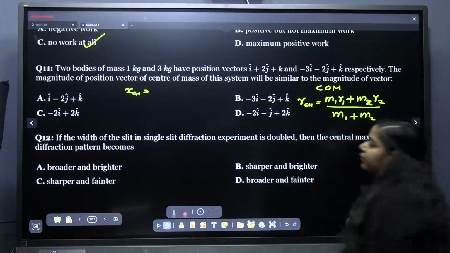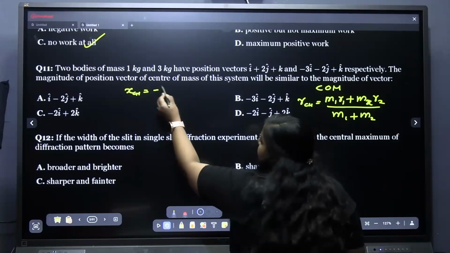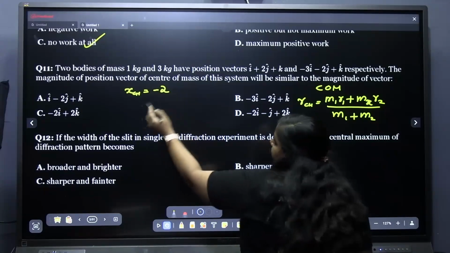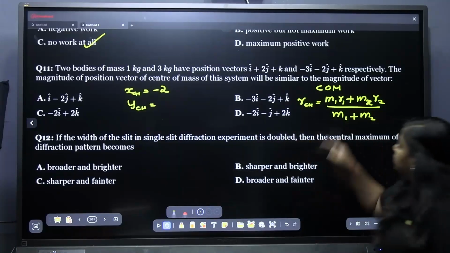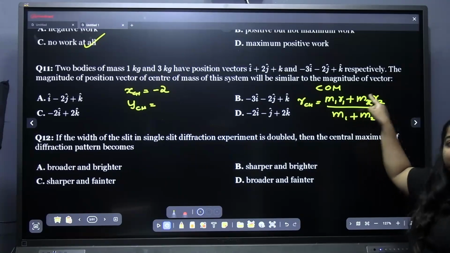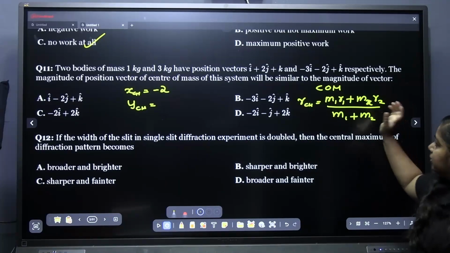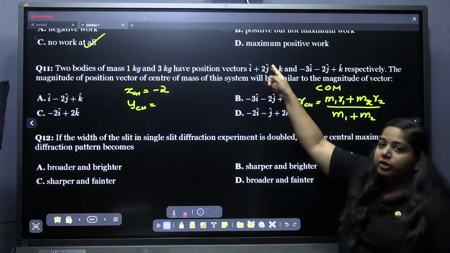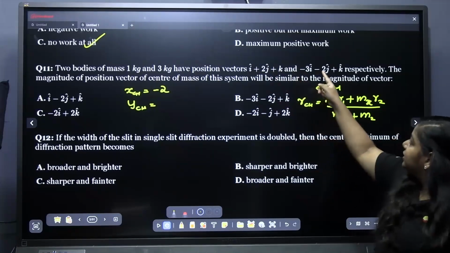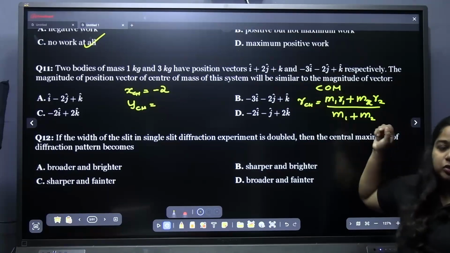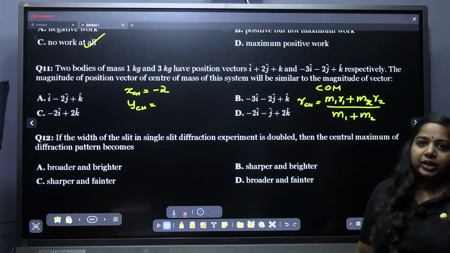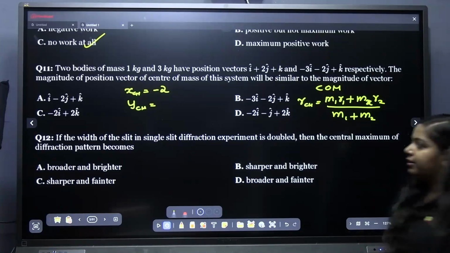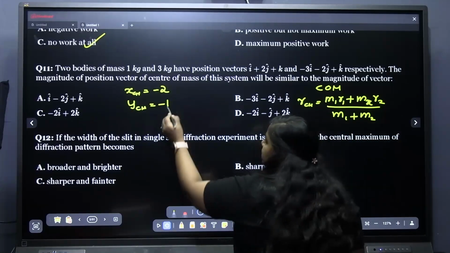So xcm equals minus 2. Then ycm we have to take. We substitute m1 y1 plus m2 y2: 1 into 2 plus 3 into minus 2. So minus 6 plus 2, that is minus 4 by 4. This will be equal to minus 1.